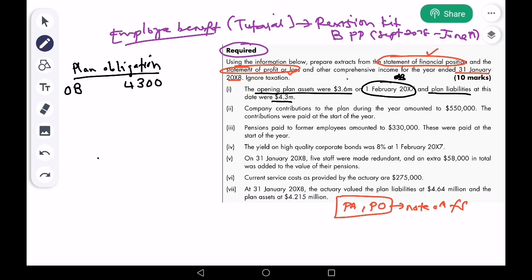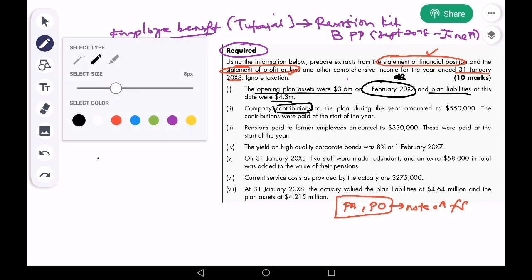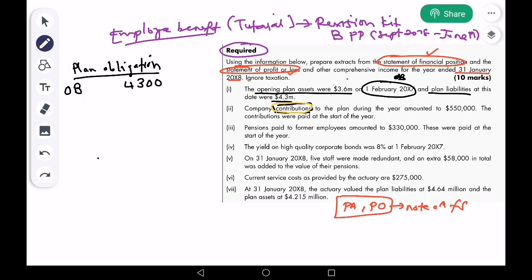Next, company contributions, as I mentioned just now, class. Contribution is focusing on what? When you say contribution, this will only affect your plan asset. So we are now doing plan obligation, so it will not impact that.